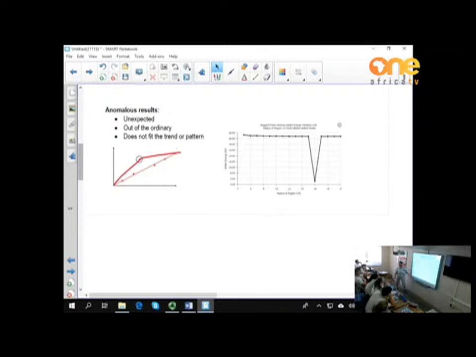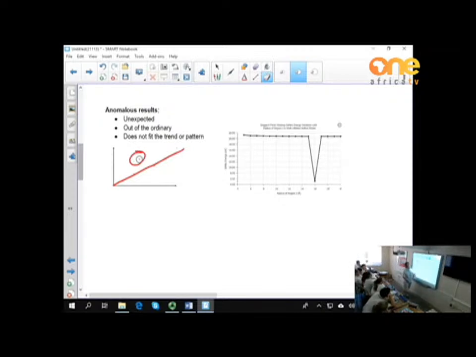No, never. You will draw a straight line through as many of the plotted points as possible, or as close to as many as possible. Please use a ruler to draw a straight line. We will ignore the anomalous result.